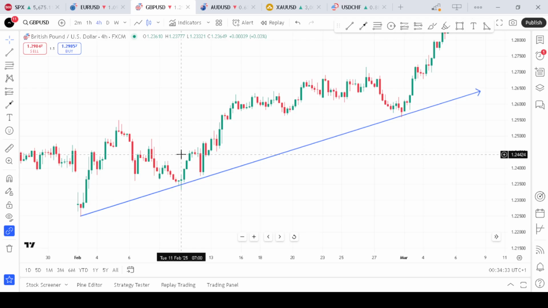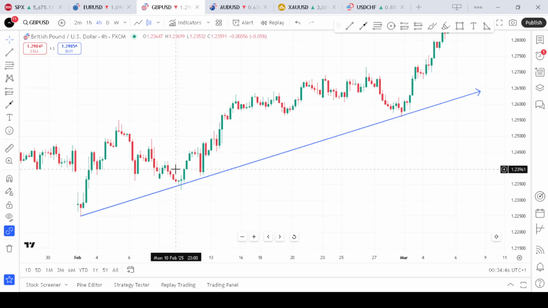That's signaling volatility or potential reversal. This is what it means. For instance, if we have a long upper wick candle with a small body, it might indicate buyers were pushing price higher, but ultimately they were overpowered by sellers.